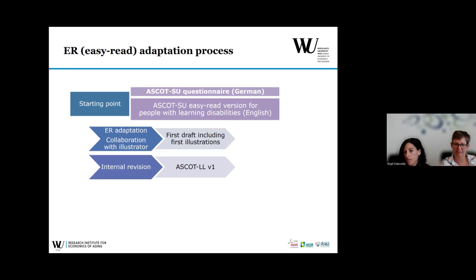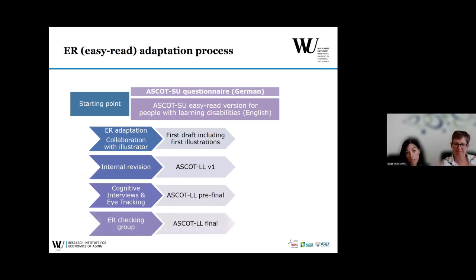That's abbreviated to ASCOT LL, for leicht lesen. We then did cognitive interviews and eye tracking with people living in care homes and receiving home care services. Actually, we did several rounds of that, with revisions in between as well. We also had an Easy Read checking group to make sure that everything was in accordance with Easy Read guidelines, to get to our final version.